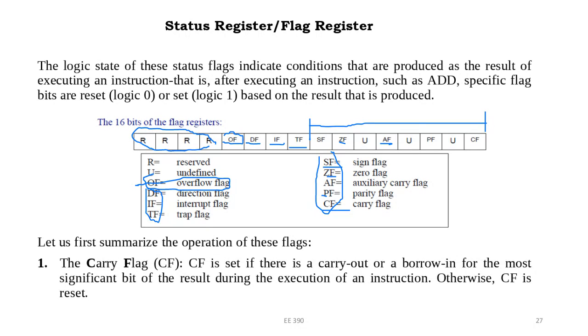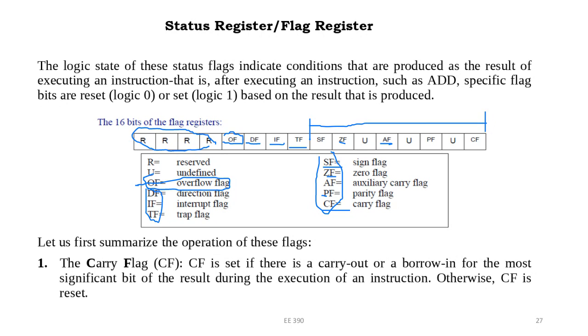When the microprocessor performs ALU, arithmetic logic unit, operations within the execution unit, once it performs any arithmetic or logical operation, after the result, these flag bits are either set or reset.